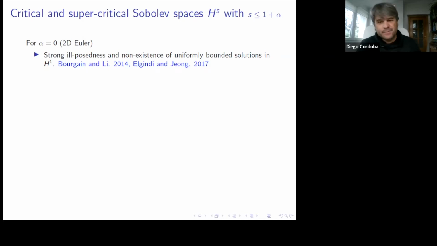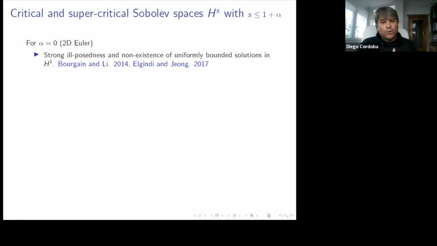constructing loss of smoothness in supercritical and critical spaces. So we are now in Sobolev spaces, in the critical or supercritical range. That means s is smaller or equal to 1 plus alpha.